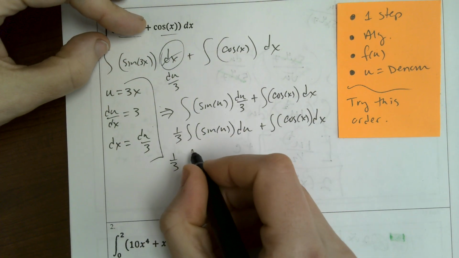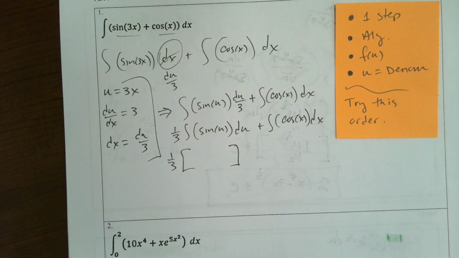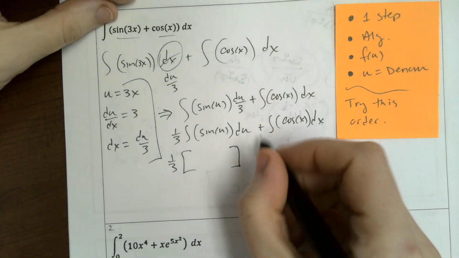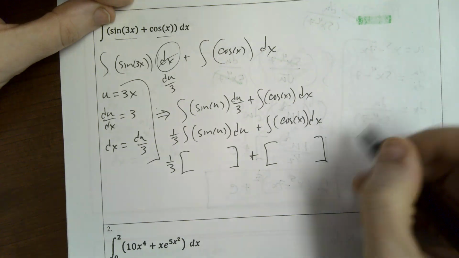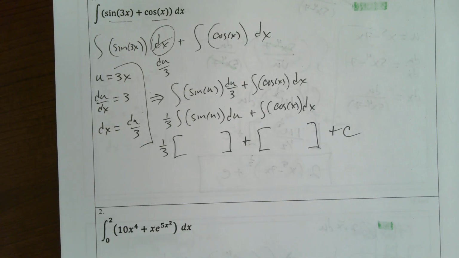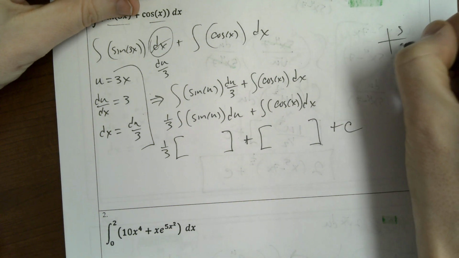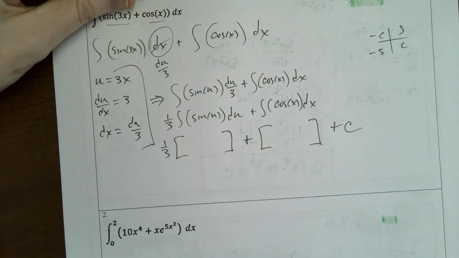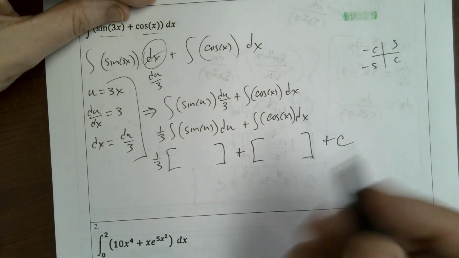So 1/3 bracket. Now guys, if you have more than one integral, and you're doing a plus c at the end, you don't need a plus c after both brackets, only after the second one, or the last one. Plus c. Okay. So now, sine, cosine, negative cosine. All right, so the antiderivative of sine is negative cosine.